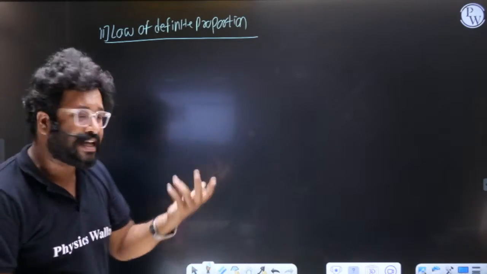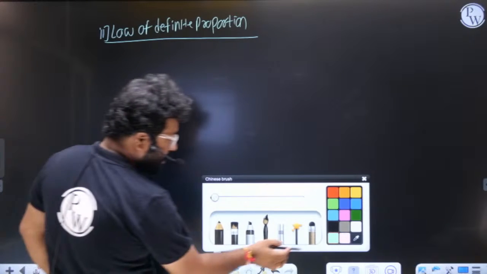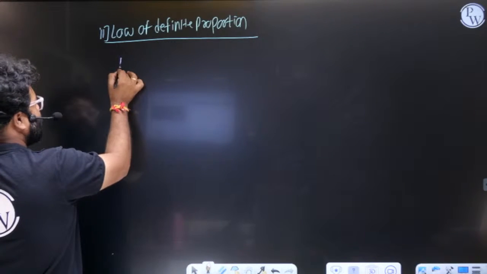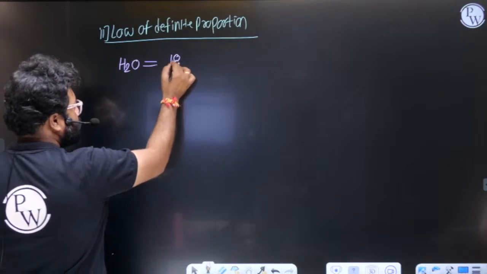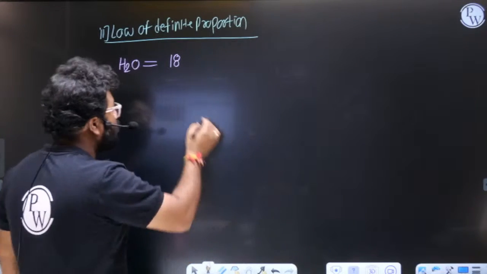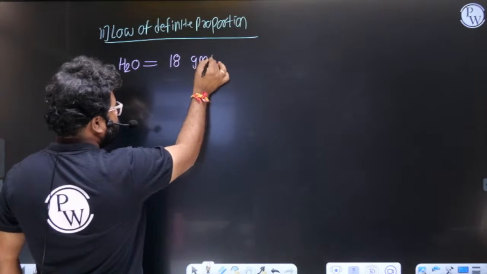So let's take the example of water and understand this through water's case. Now, gram molecular mass of water is how much? 18 grams.